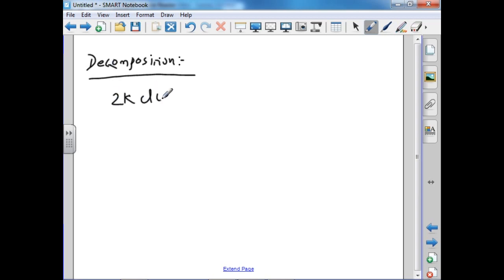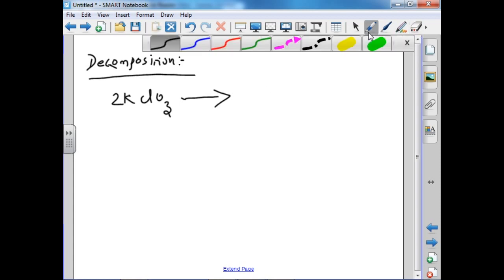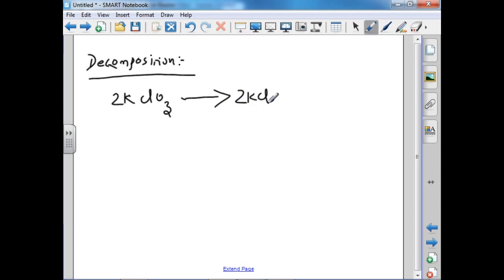2 KClO3 gives 2 KCl plus 3 O2. Now we are going to calculate the oxidation number of chlorine and oxygen.